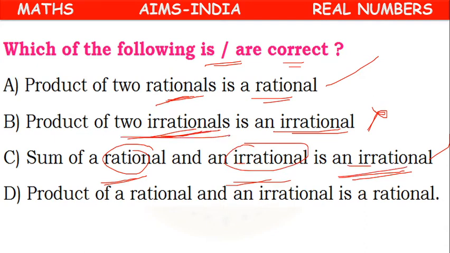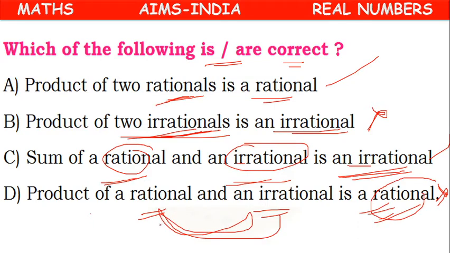But for two irrationals, it depends. Product of rational and irrational, we can't tell. They gave rational. Wrong. So A and C both are correct options.